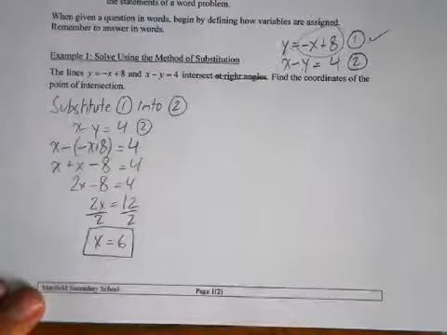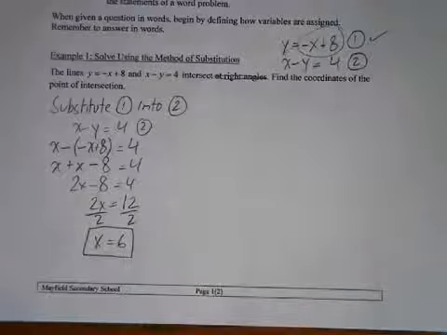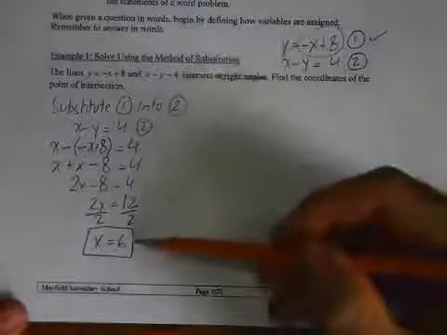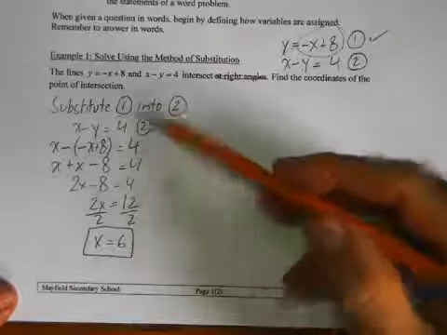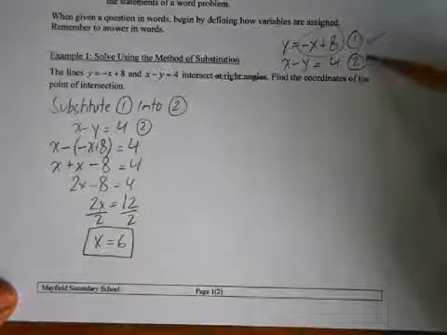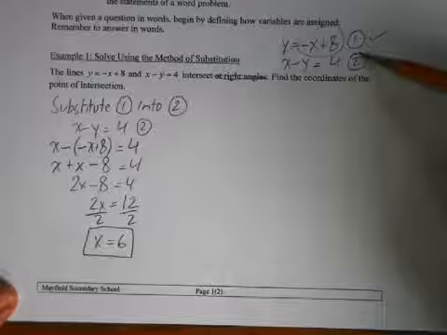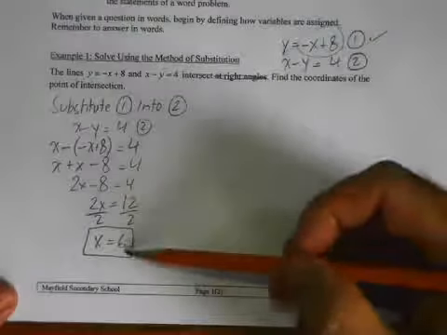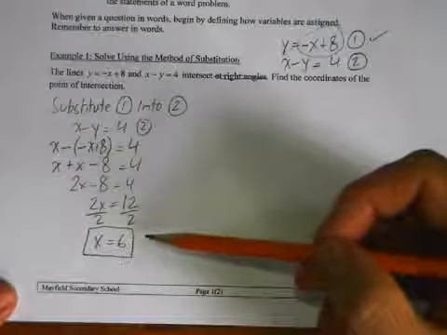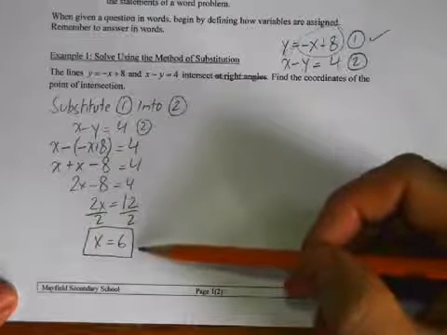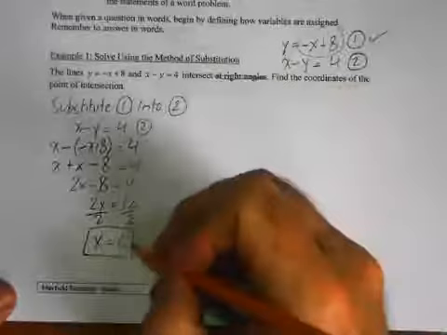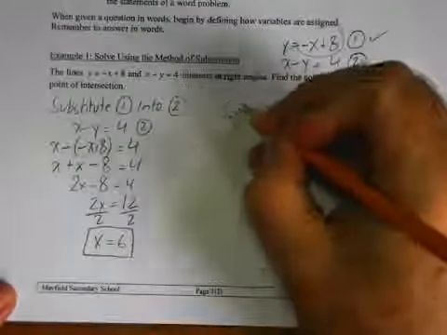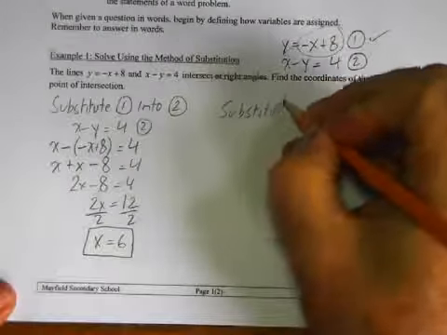And that's our first big moment. We've found the value of x for the point of intersection. These two lines, or equations, are going to meet at the x coordinate 6. The only thing we're missing at this point is, what's the y coordinate? This is the easy part. We take the first coordinate that we got and substitute again.